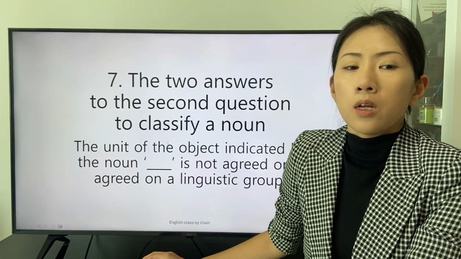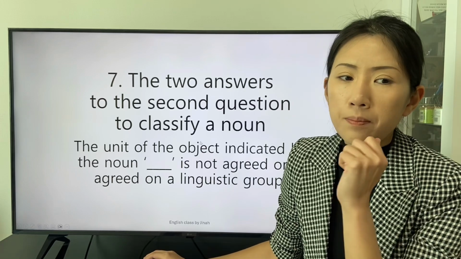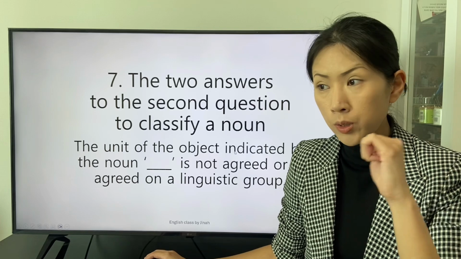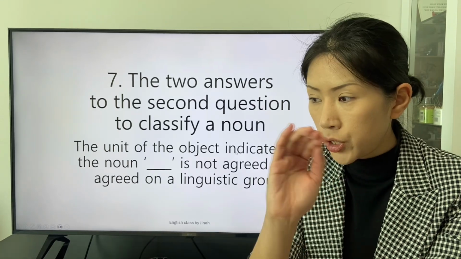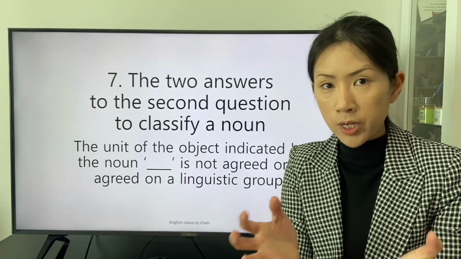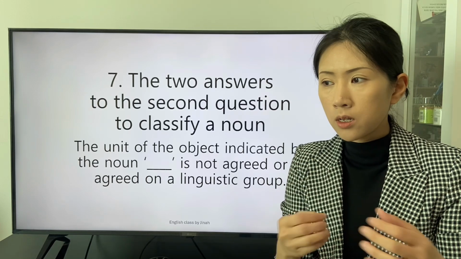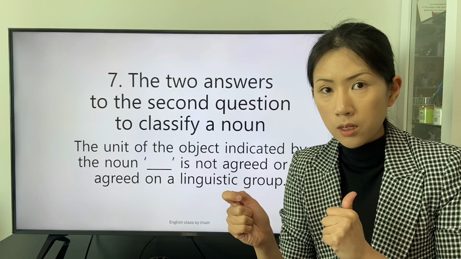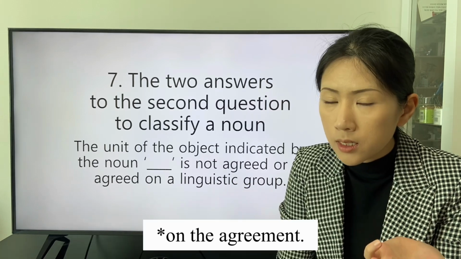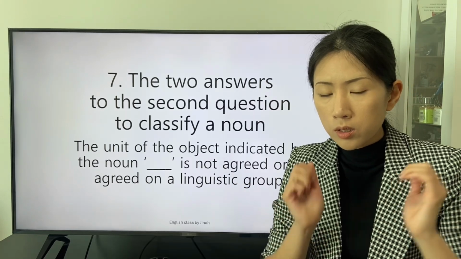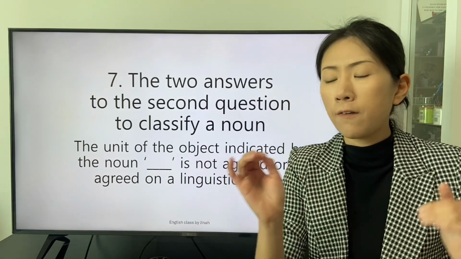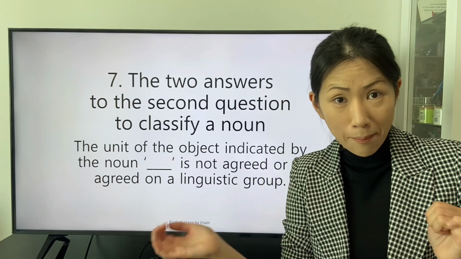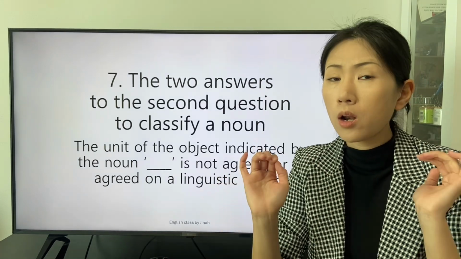And the unit of the object indicated by the noun is agreed on in a linguistic group when the unit of the object is definite. The object is measured with the quantity.